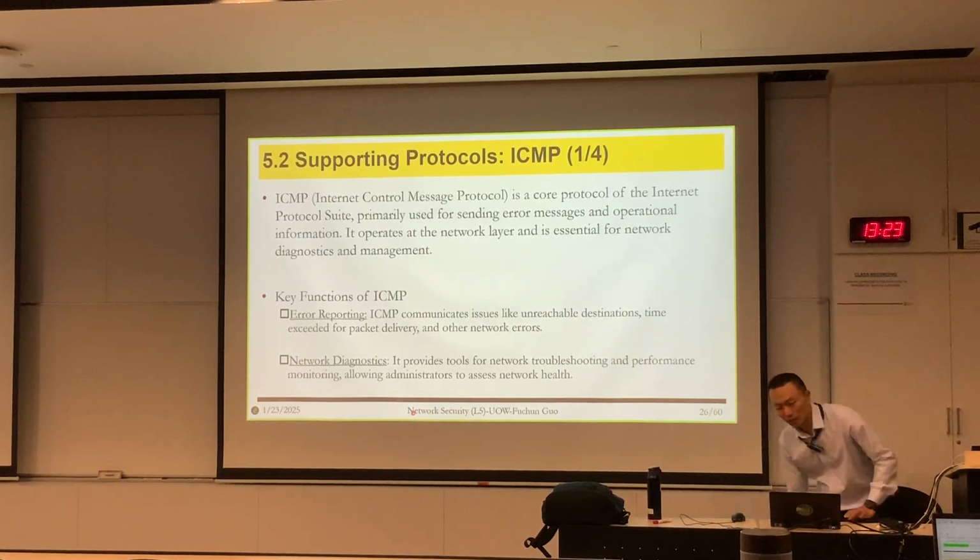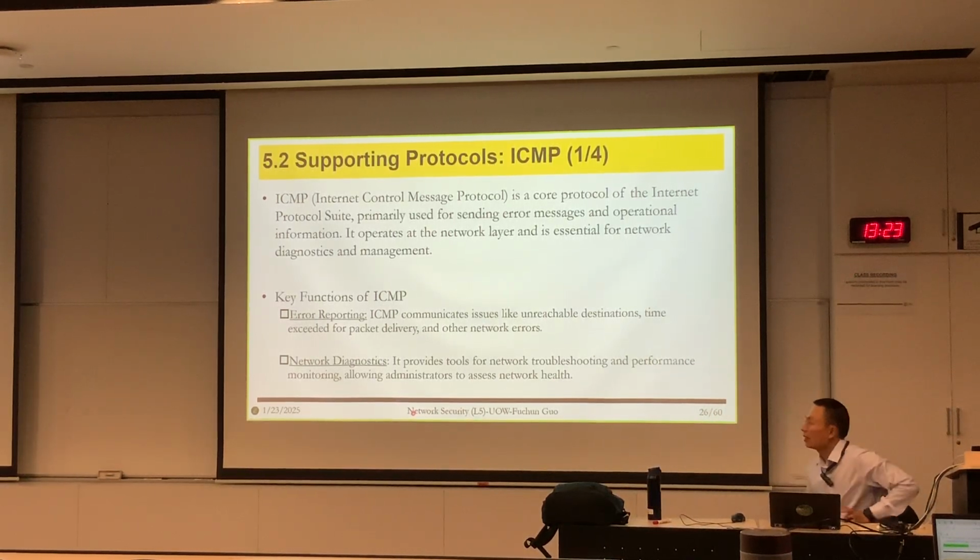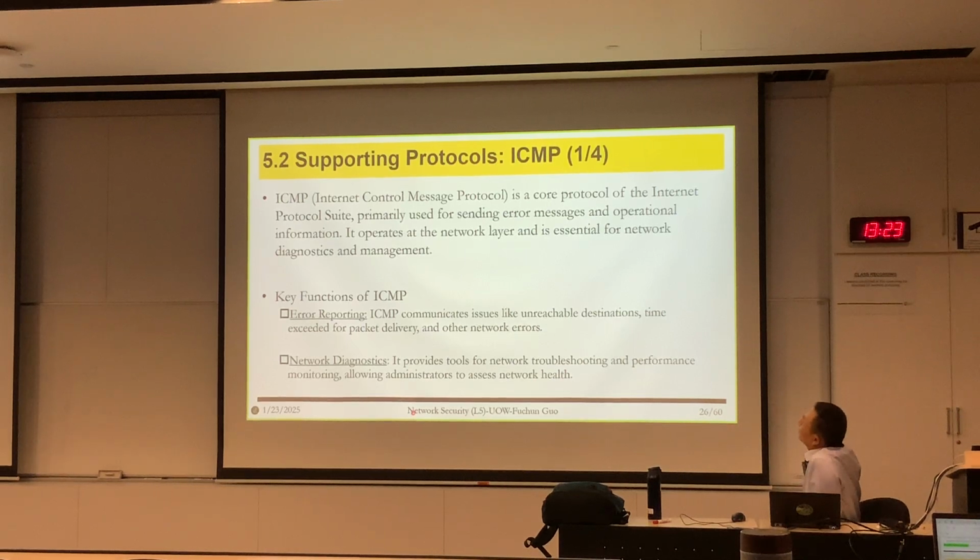And for the key functions, there are two. The first function is error reporting, and the second one is network diagnostics. In the first function, it communicates issues like unreachable destinations or delivery problems, and other events.